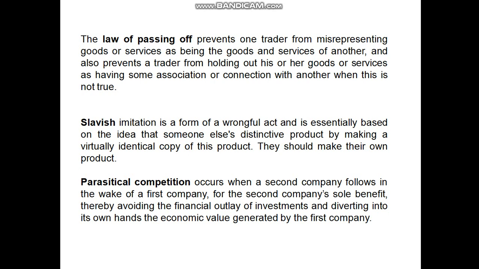But here company B doesn't do anything, it doesn't go for any investment or capital, but it simply copies, and then it gains the economic value, because how much capital investment firm A had put in has been simply copied by firm B, and it is diverting the economic value of firm A into itself, into its company. So all these are means of unfair competition.